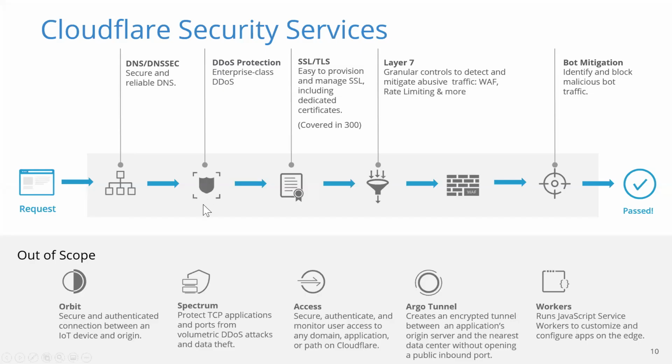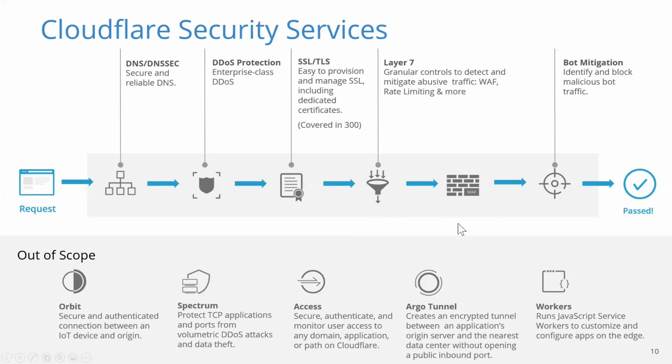Moving on, after the DDoS check, it will be HTTPS termination. This is where the SSL and TLS check happens. After the SSL and TLS check, there will be a layer 7 mitigation. So at layer 7, the application layer, this is where the WAF, rate limiting, and IP firewall rules will take place.